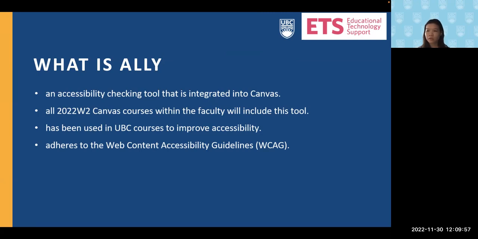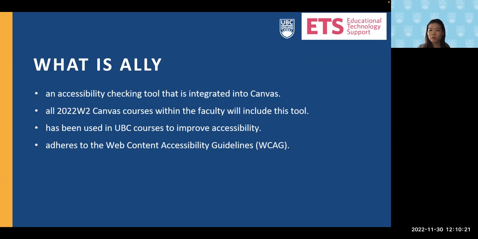Ally adheres to the Web Content Accessibility Guidelines, which ensure that online content is as equitable and accessible as possible. Using Ally provides opportunities to learn more about web content accessibility and also find out common accessibility issues that in some cases can be fixed or improved.